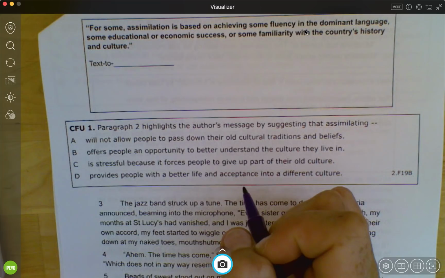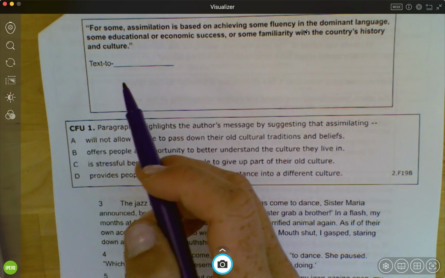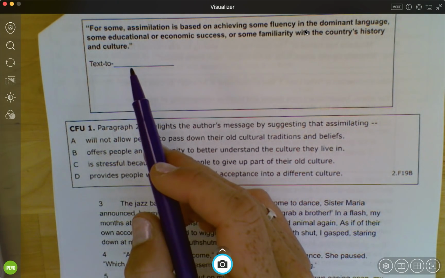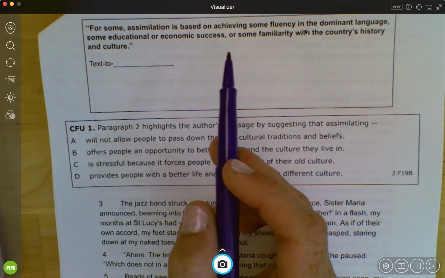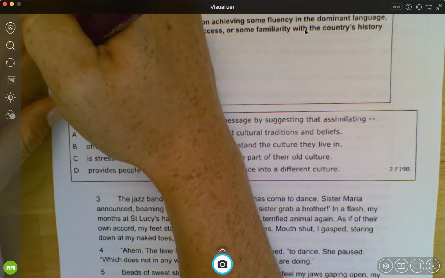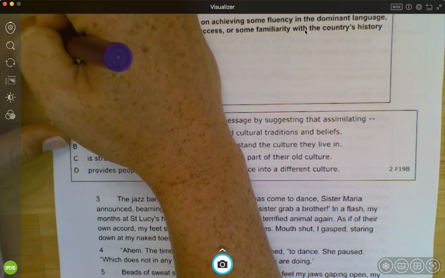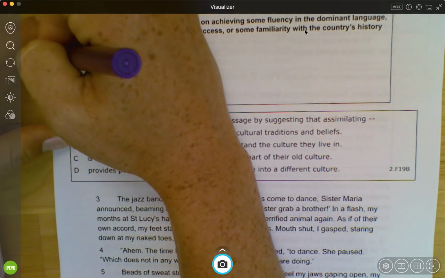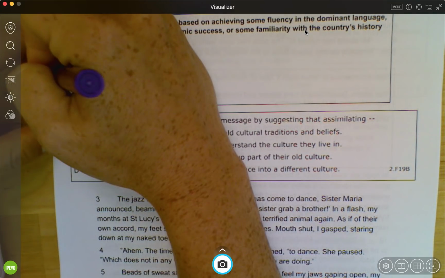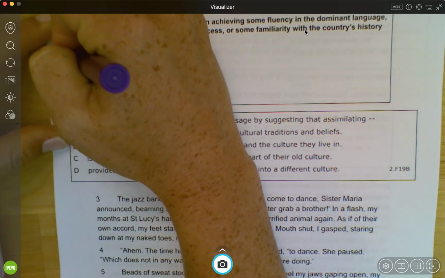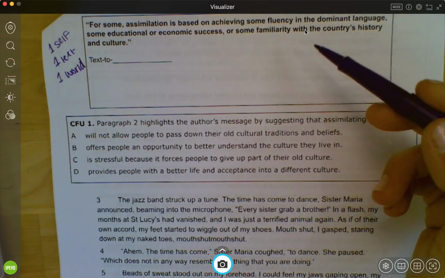My expectation is that you have at least one text to self, one text to text, and one text to world. You're going to read the passage.